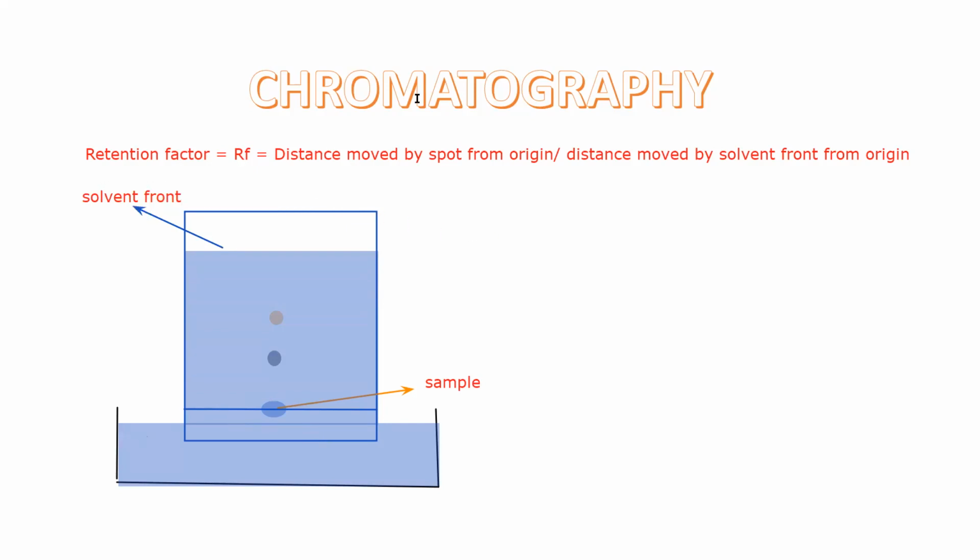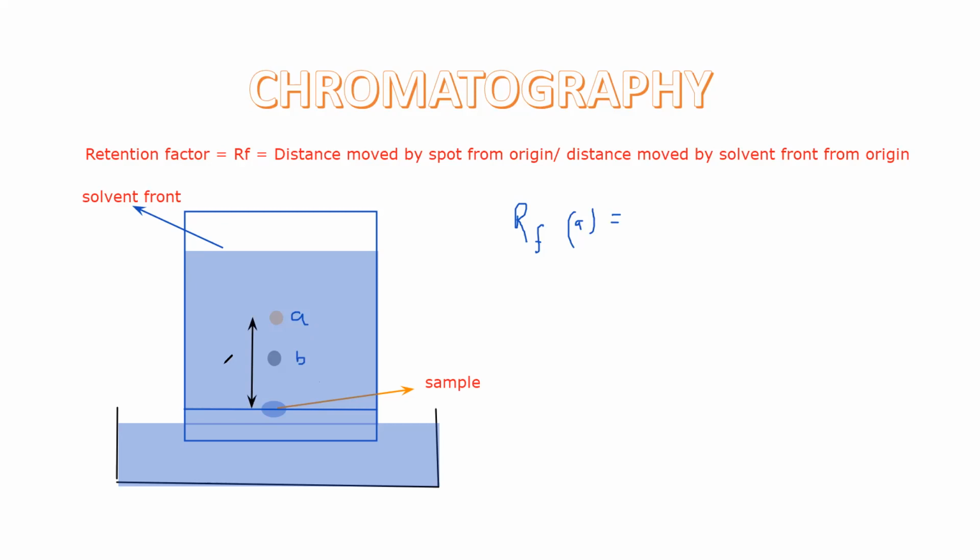So what is the retention factor, or RF value? The formula for RF value, for example, the RF value of sample A, is equal to the distance moved by the spot from the origin. So we will measure the distance moved by this spot from the origin. We'll take a ruler and measure this distance.